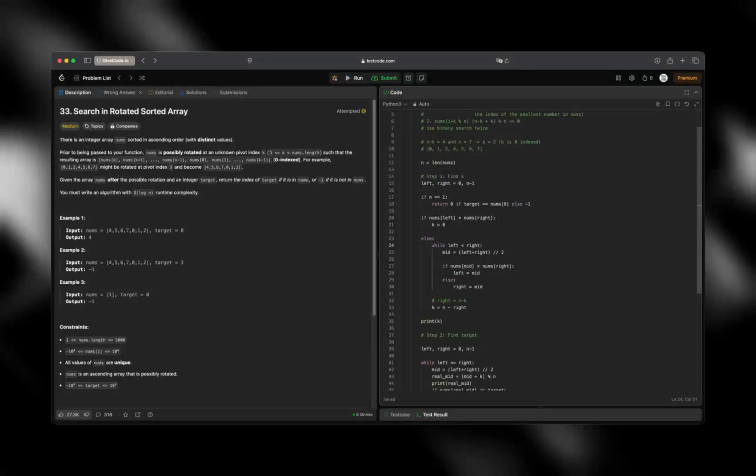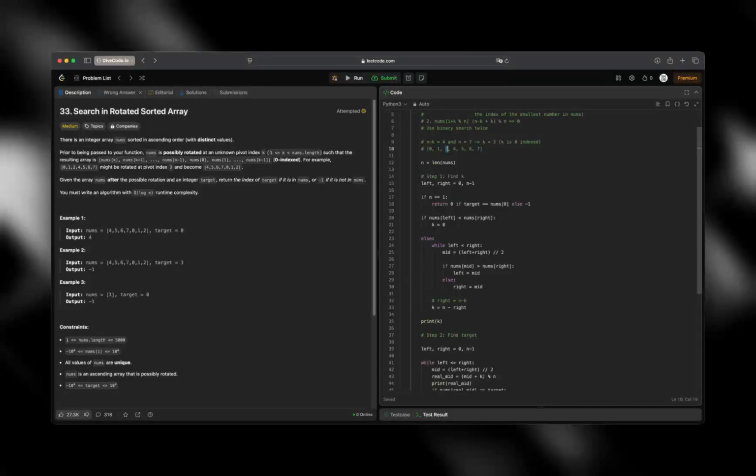As long as we at least have 2 values in the considered interval, we proceed. I compute the mid, that is left plus right divided by 2. So if we only had 2 values, then the mid will be here to the left.